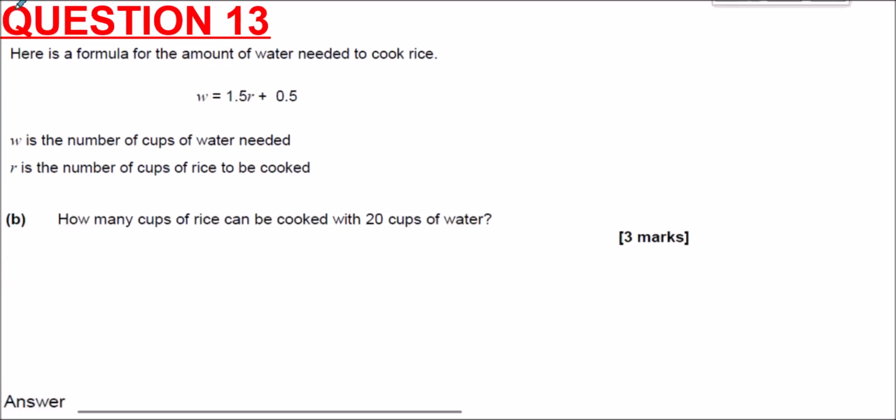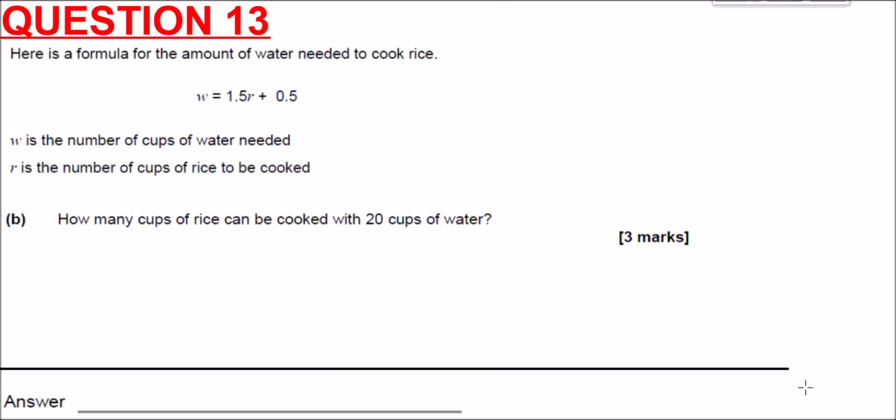Part B, we have the same equation exactly, but this time we're needing to work out how many cups of rice can be cooked with 20 cups of water. I'm going to show you two different ways of tackling this question. One way we can do it is just by rearranging the equation.